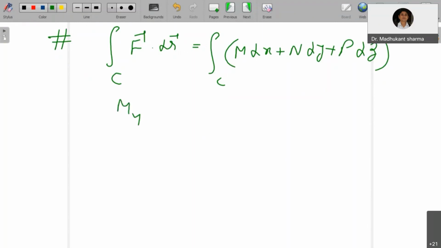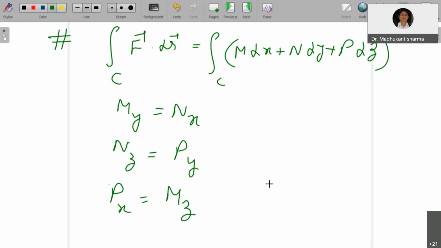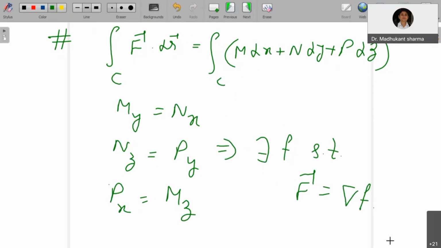Now, if you have my equals nx and nz equals py, px equals mz on D, which is enclosing this curve C. Okay, this implies there exists f such that F equals grad f.